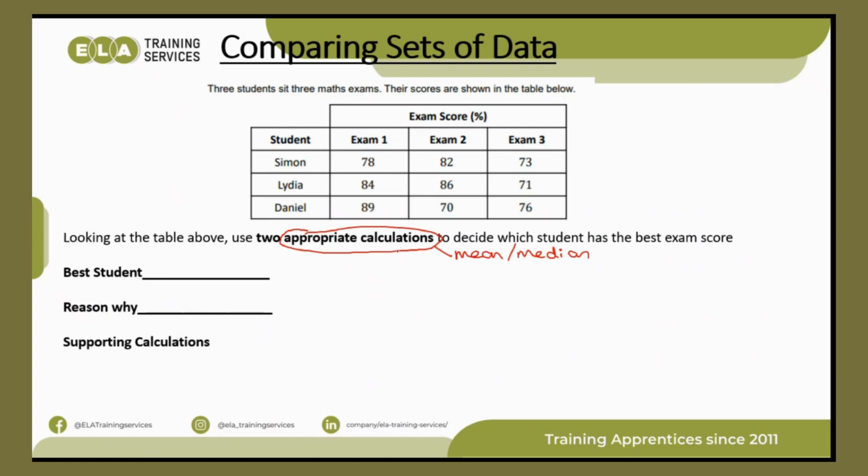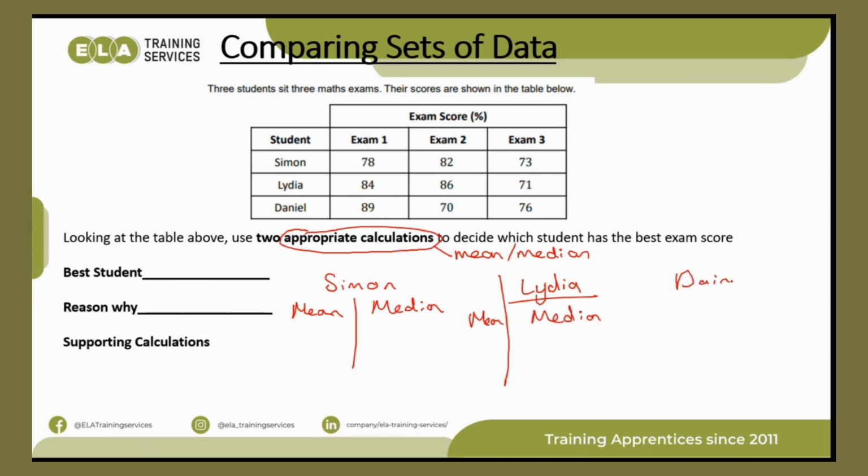It's not telling us here what to do, so we're going to pick 2 average calculations. We're going to pick mean and median for each person: Simon, Lydia and Daniel.